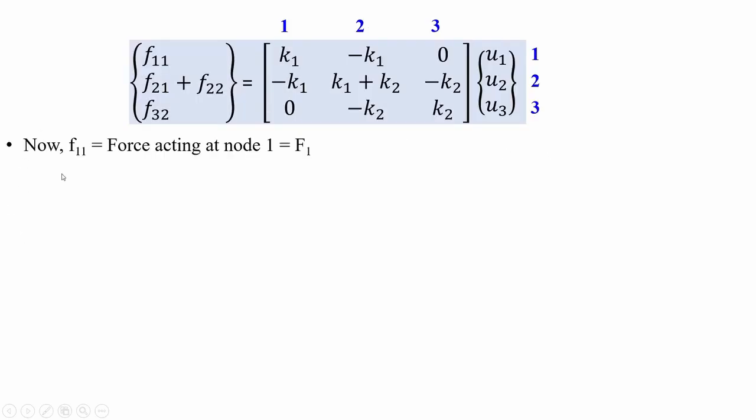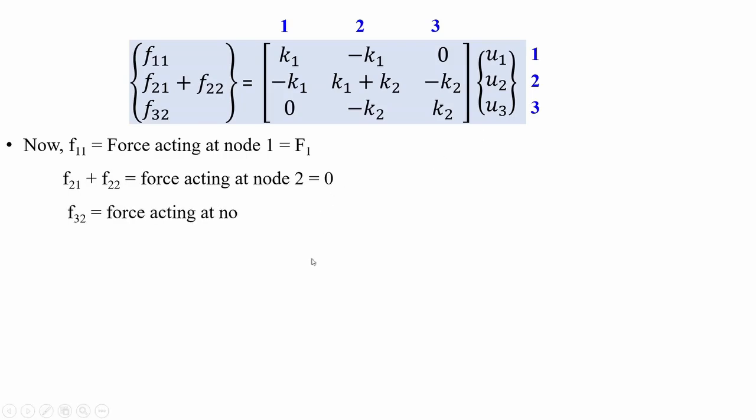Now F11, the force acting at node 1, is equal to the external force F1. F21 plus F22 is the total force acting at node 2. At present we don't have any force there, so it will be equal to 0. And F32, the force acting at node 3, must be equal to the external force minus F3.